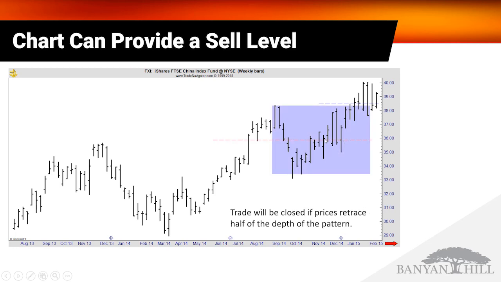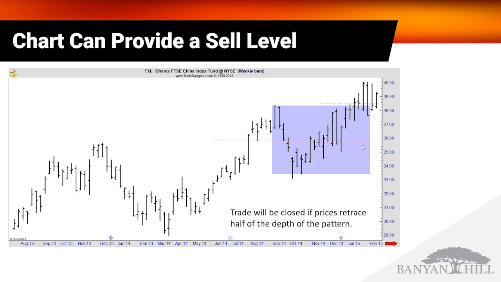And on this chart, what I've done is highlight the trading range that we were looking at originally. And we bought a break out of that range. So then we measure the depth of the pattern and put our stop at the halfway point. In this case, we're into the ETF at about 38, and the stop is only $2 below that level.